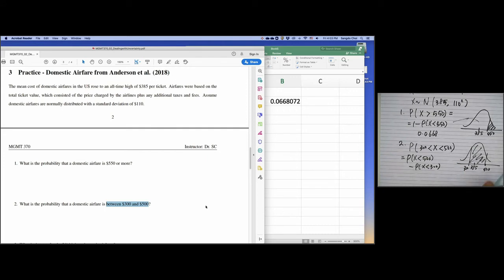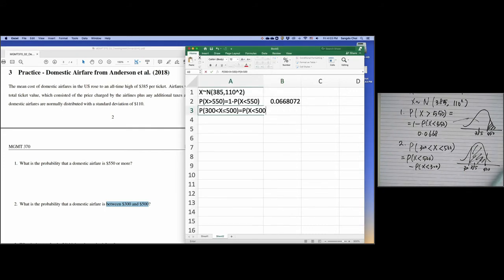So for this problem, again, you write P of 300 less than X less than 500, which is P of X less than 500, the right side number, minus the left side number. So this is our formula.